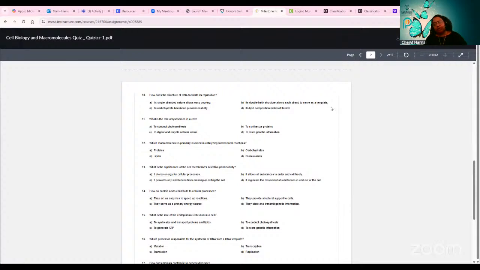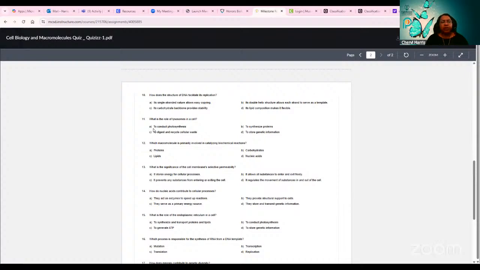What do you know about the structure of DNA? Somebody type an answer. All right, yes, B, it is double helix. We call it a spiral staircase. It is double helix, and that allows it to serve as a template.